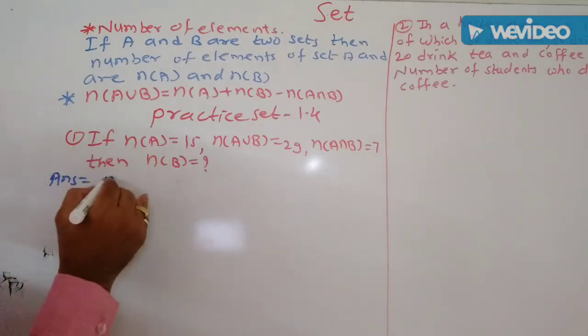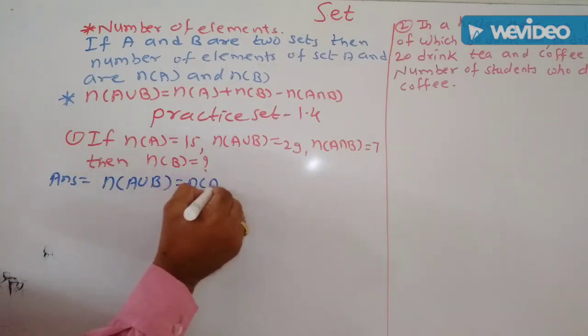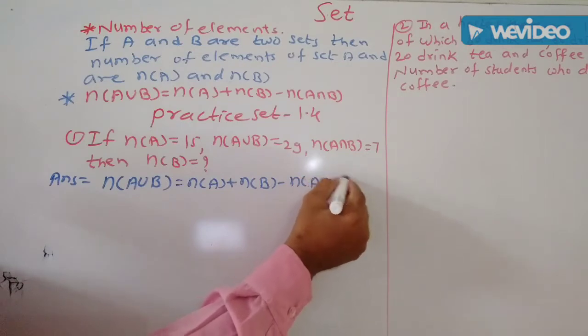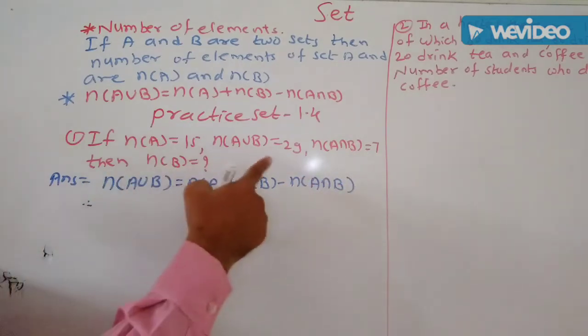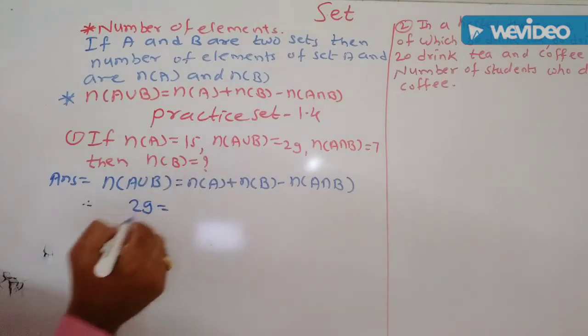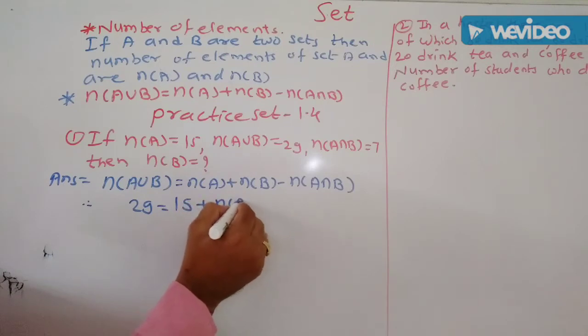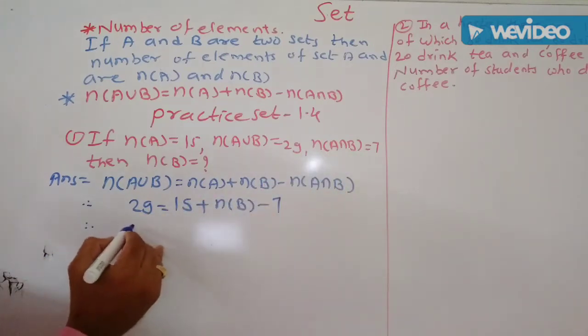Then we use the relation: number of A union B is equal to number of A plus number of B minus number of A intersection B. Now putting the values, number of A union B is given 29, number of A is given 15, number of B we have to find, minus number of A intersection B is given 7.